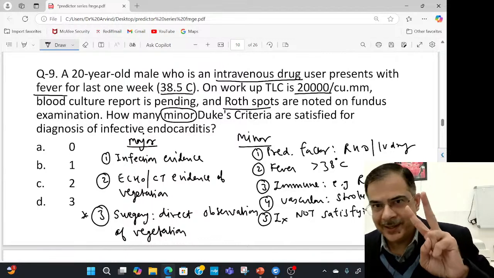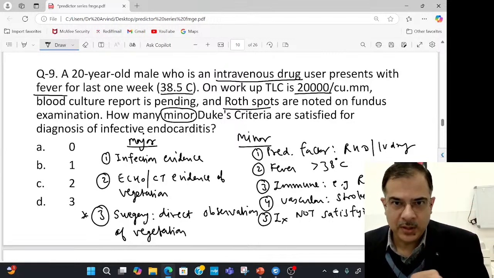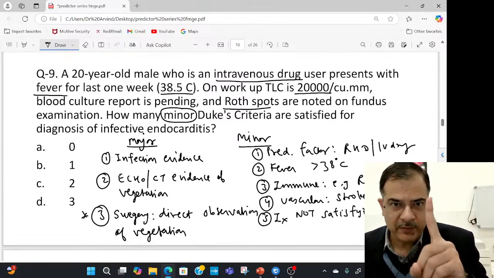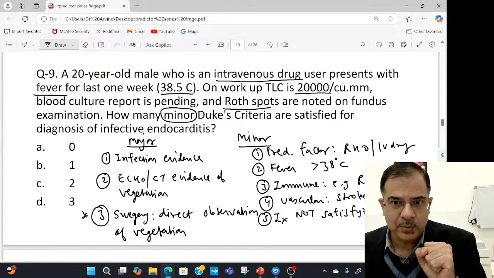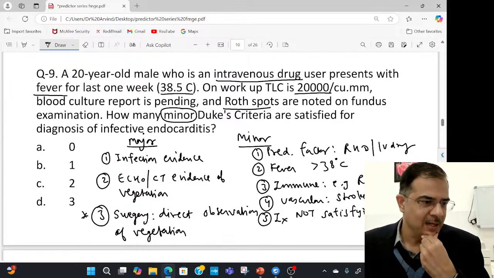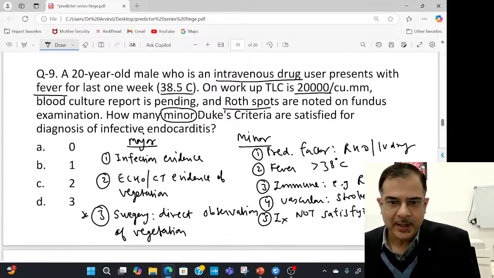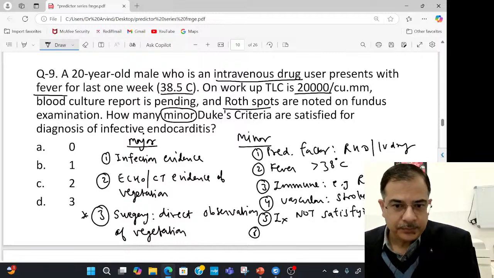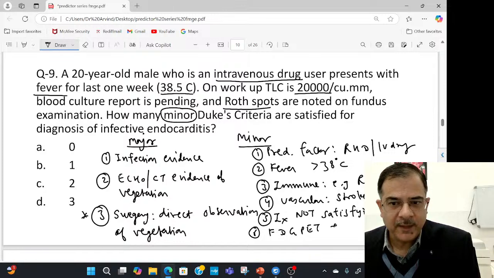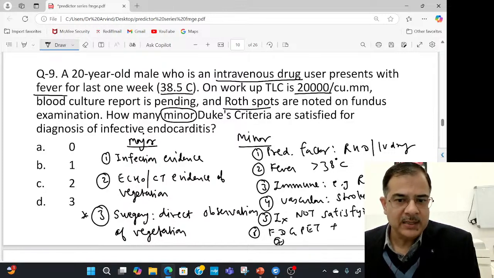For the major criteria, 2 blood cultures are needed for typical organisms, but here only 1 blood culture is positive for typical microorganisms, so it is not satisfying the major criteria. And number 6 is FDG PET scan positive in the heart. And number 7 is new valvular regurgitation lesion.